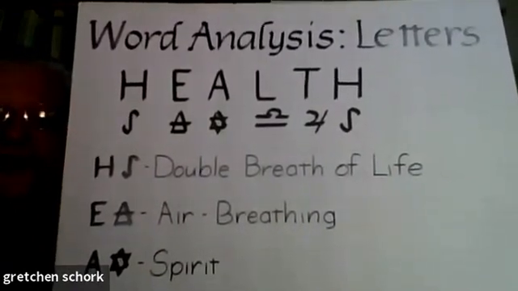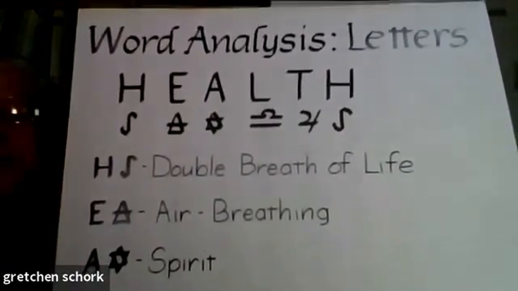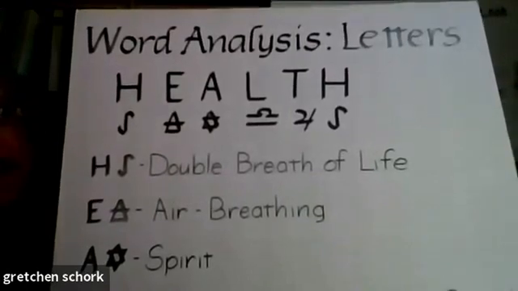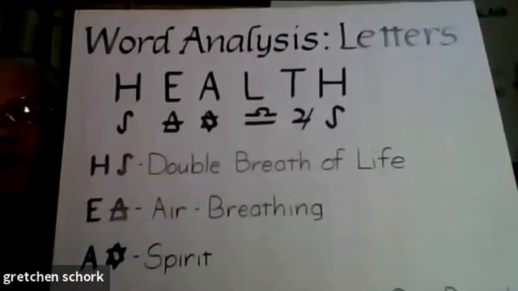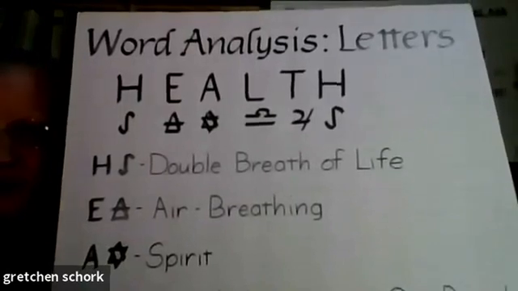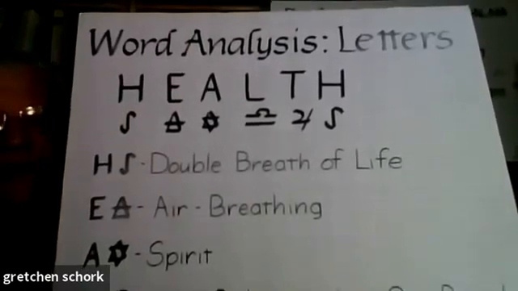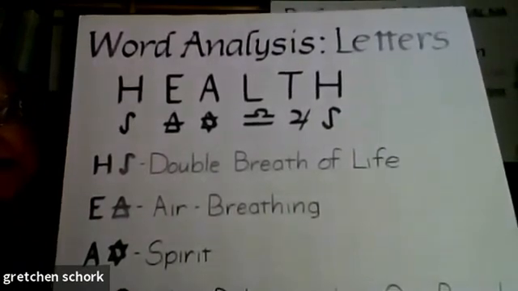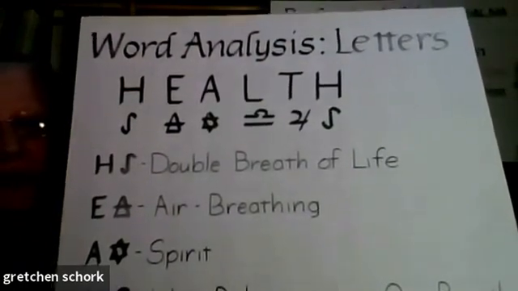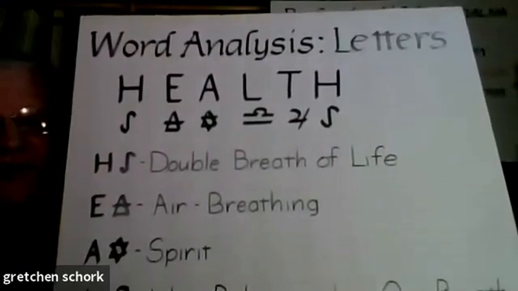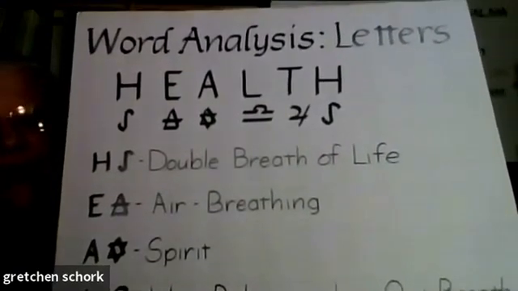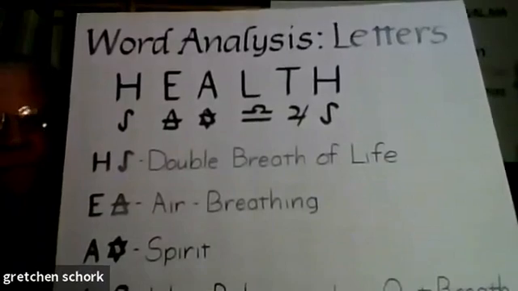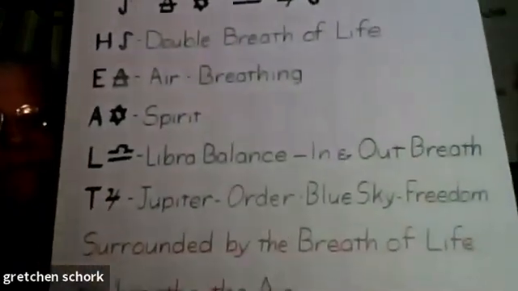T is Jupiter, which is the ruler in the sky. So the god Jupiter, or Zeus, who is like the emperor in our way of thinking, that would be the CEO in a corporation, person in charge, the central authority. And again, the H for the breath of life. Those are the meanings.